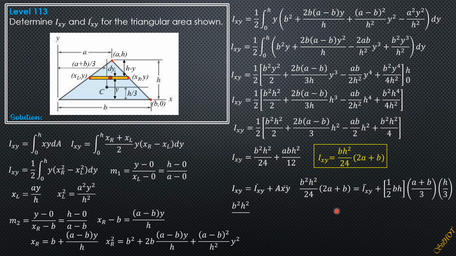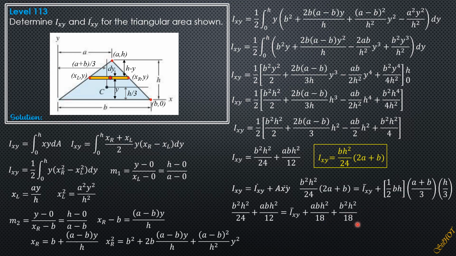Distributing, b square h square over 12 plus ab h square over 12 from the original result equals I barred xy, and if we simplify this, this is ab h square over 18 plus b square h square over 18.